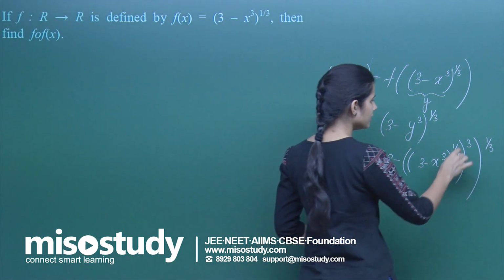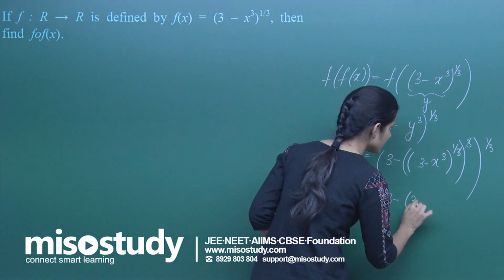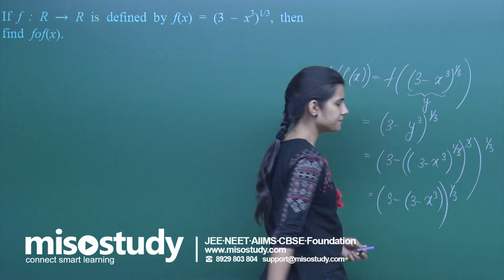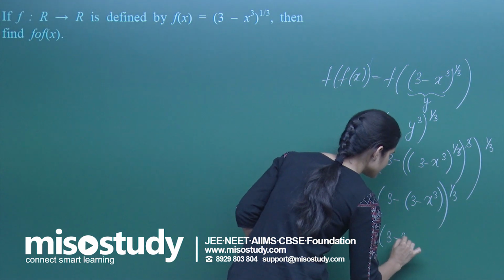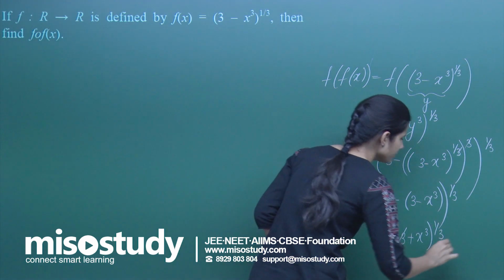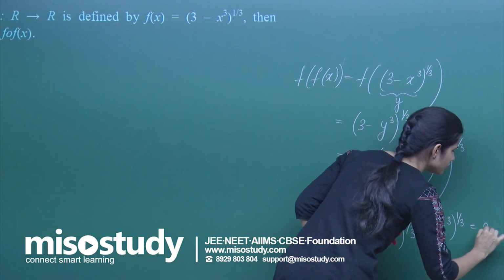Carefully, very carefully, you can see these 3s getting cancelled. You are left with (3 minus (3 minus x cube)) whole to the power 1 by 3. This eventually comes out to be (3 minus 3 plus x cube) whole to the power 1 by 3. 3 minus 3 cancels out, x cube to the power 1 by 3 which is x.